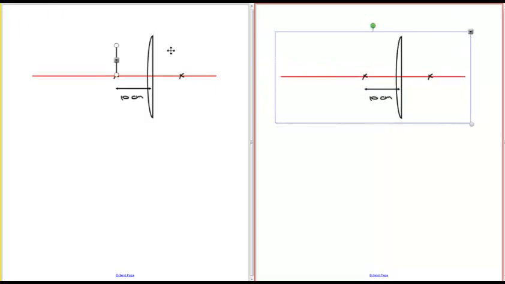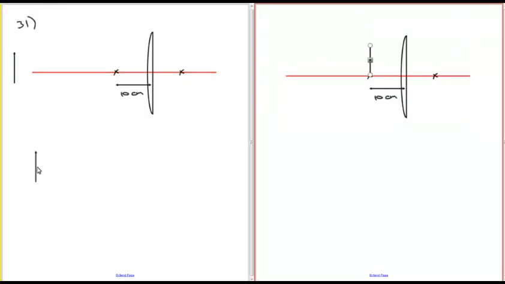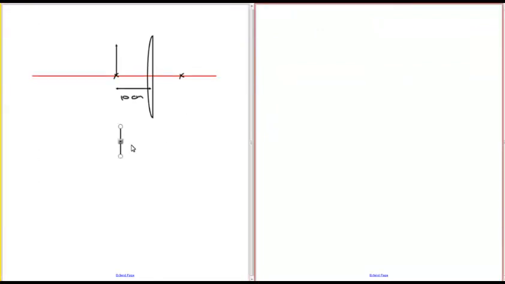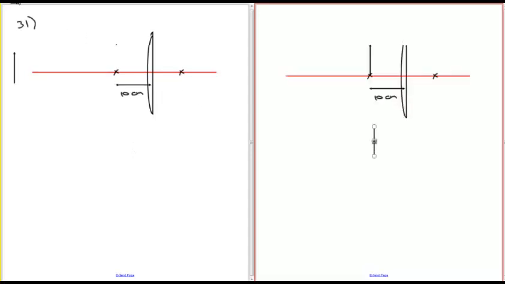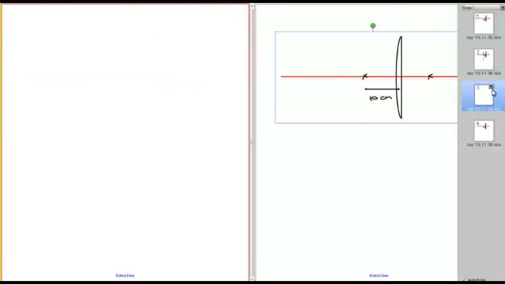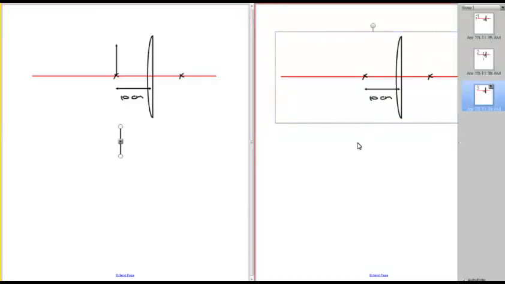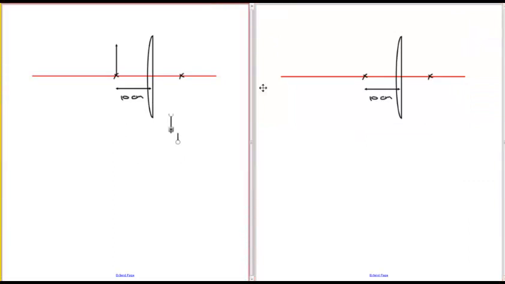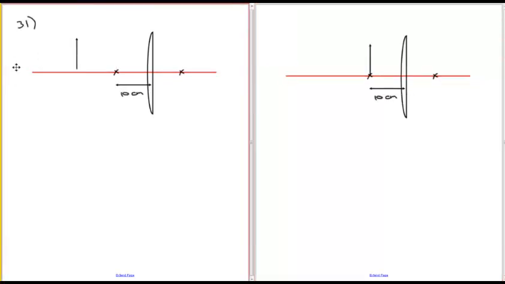There it is. Oh, there's a page in between, so let me delete that. Now I can bring this over here and put it right there, halfway. Okay, so those are the 3 cases, and this one's 20 centimeters, which places it about right there.